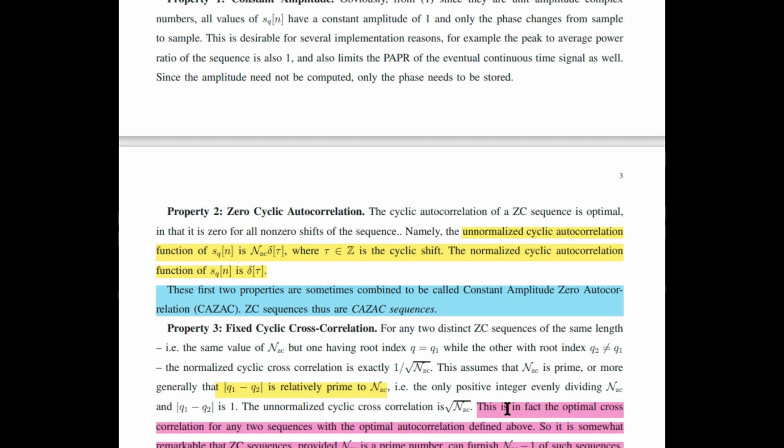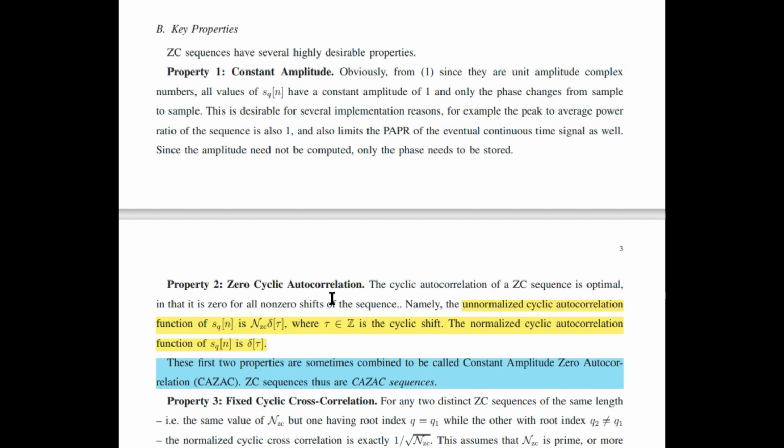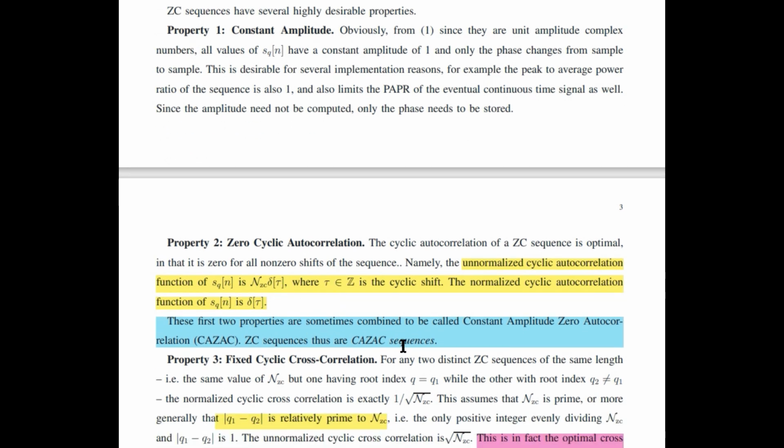Delta is the unit impulse: its value is 1 when tau is equal to 0, otherwise 0, for tau belonging to Z, the cyclic shifts. Combining the first two properties, constant amplitude and zero cyclic autocorrelation, we get the constant amplitude zero autocorrelation sequence, the CAZAC sequence.